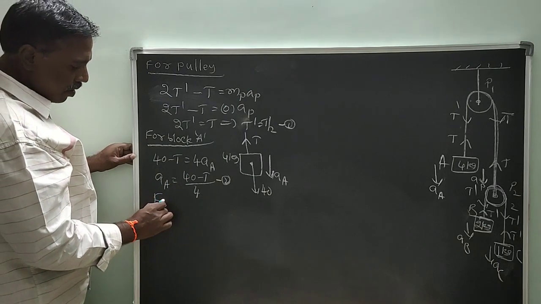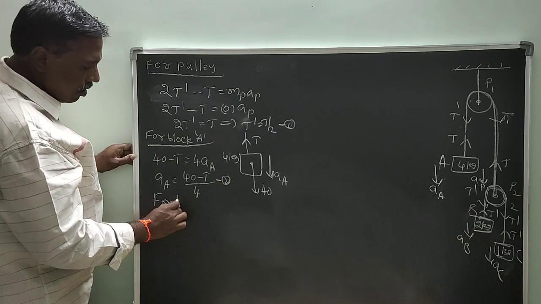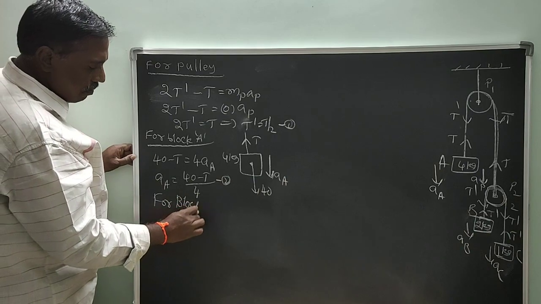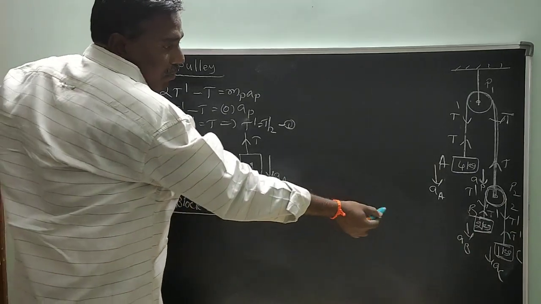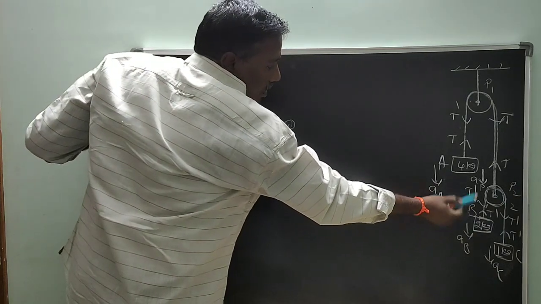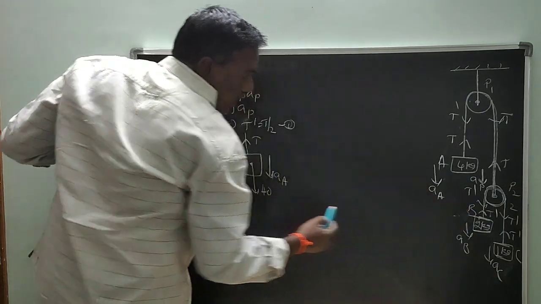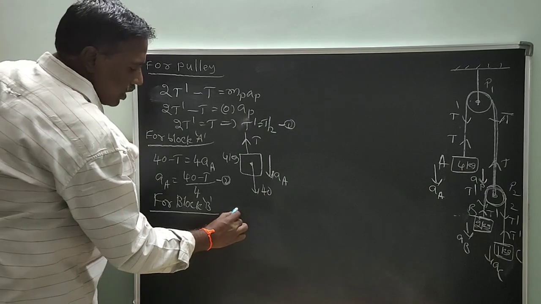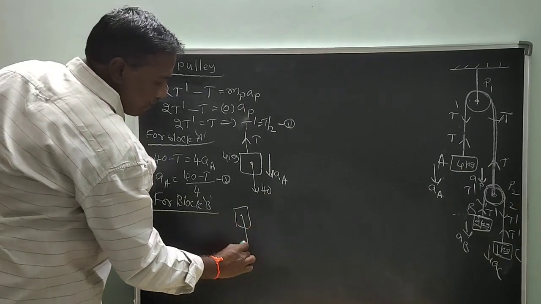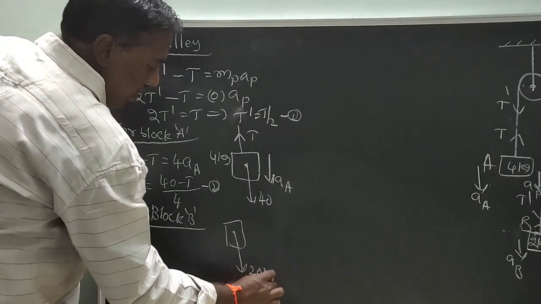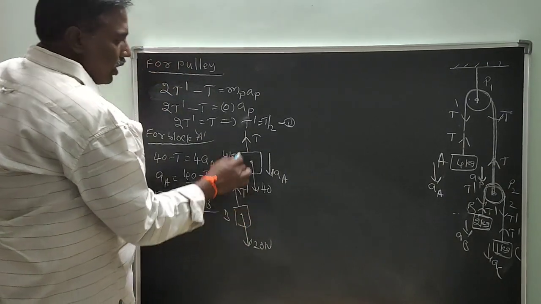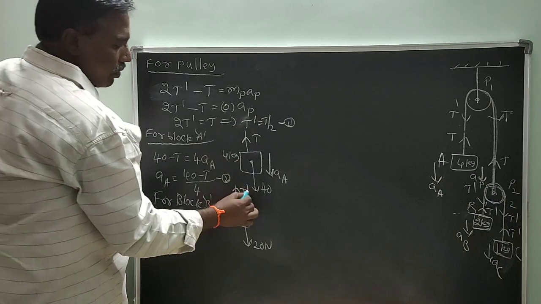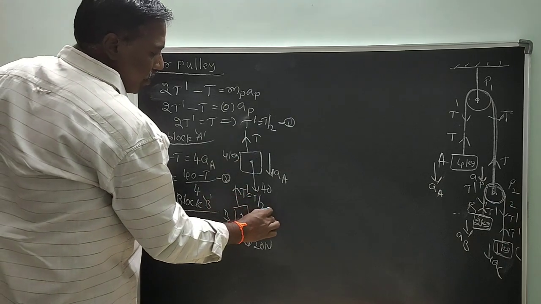For block B, the 2 kg block, tension T dash acts upward and its weight of 20 newtons acts downward. We know that T dash is equal to T by 2.